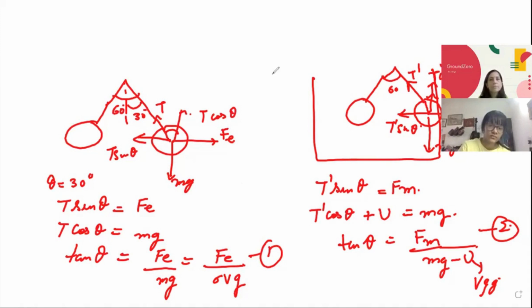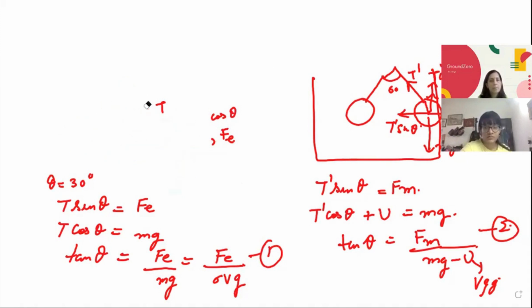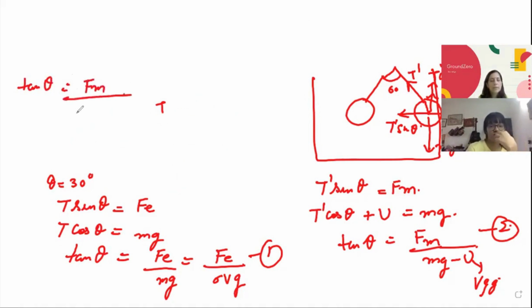So tan theta is equal to how much? Expression of tan theta now. So we have got tan theta is equal to Fm upon mg.